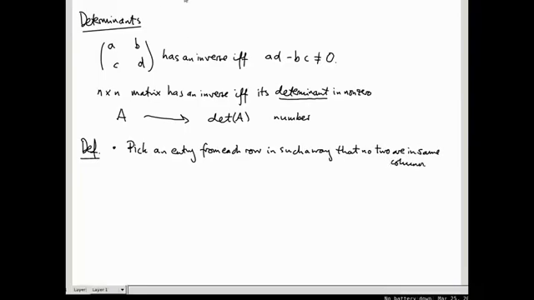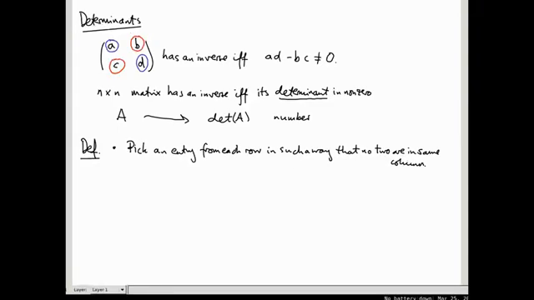And there are two ways of doing this if you're a 2 by 2 matrix. If you pick A from the first row, you have to pick D from the second row, because C is in the same column as A. If you pick B from the first row, then you have to pick C from the second row, otherwise you're in the same column.